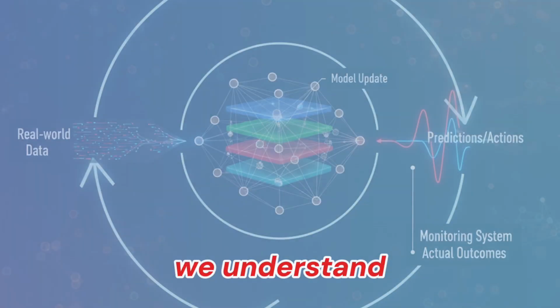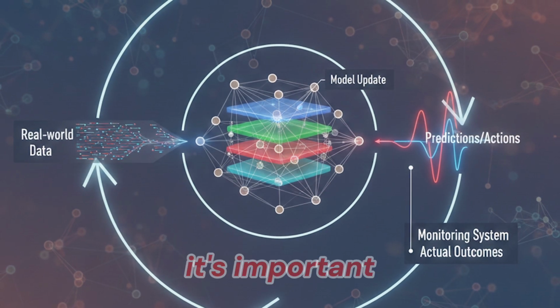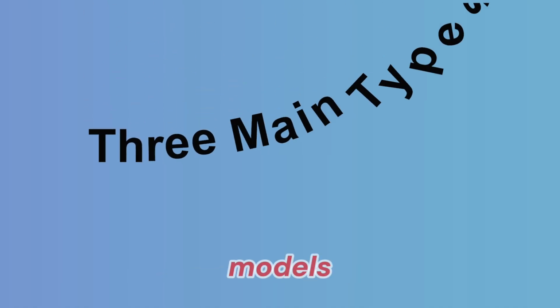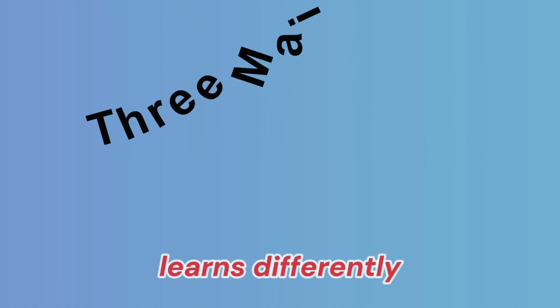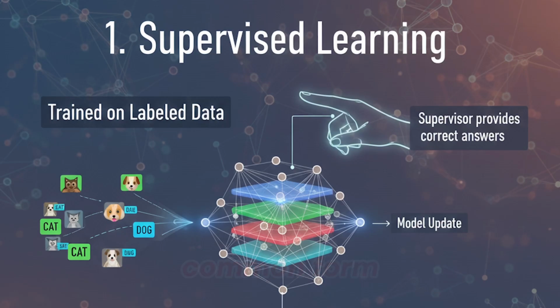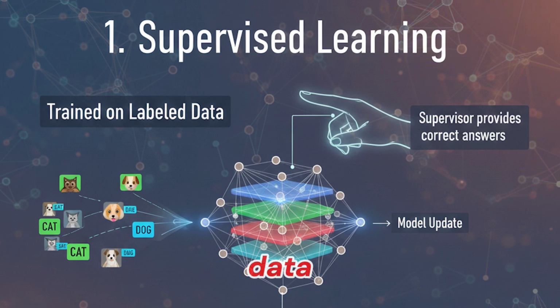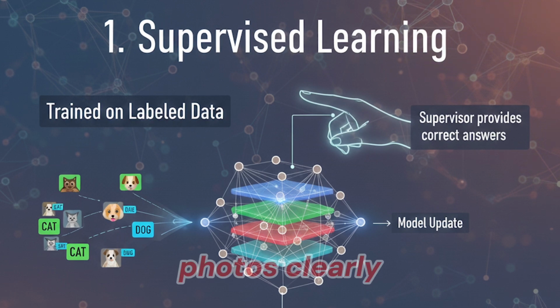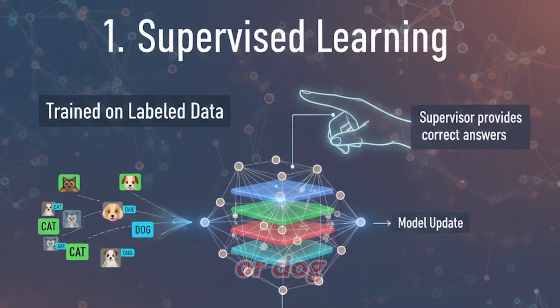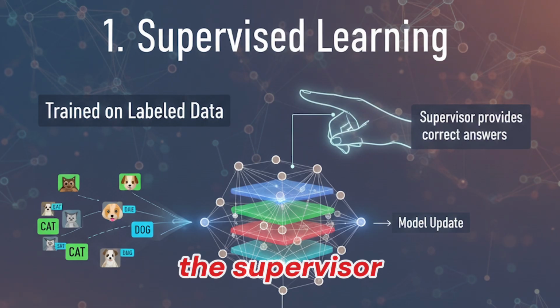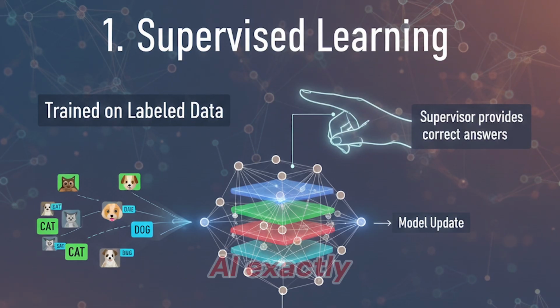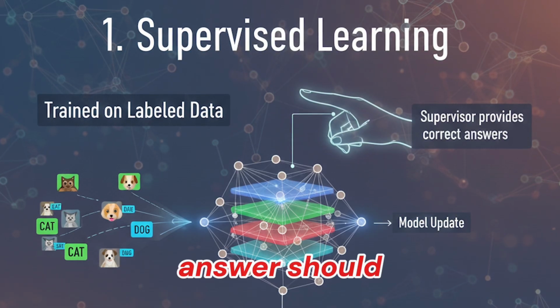Now that we understand the core learning loop, it's important to know there are three main types of machine learning models, and each learns differently. One, supervised learning. This is the most common form. The AI is trained on labeled data, for example, millions of photos clearly marked cat or dog. The supervisor, the human, tells the AI exactly what the answer should be.